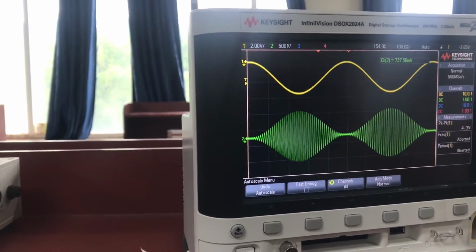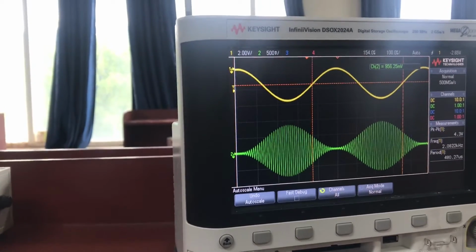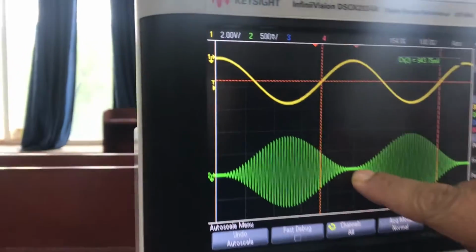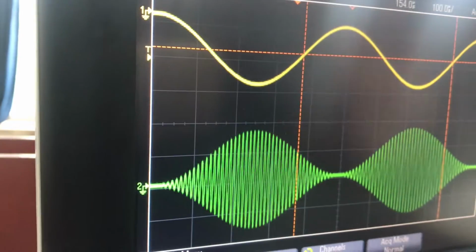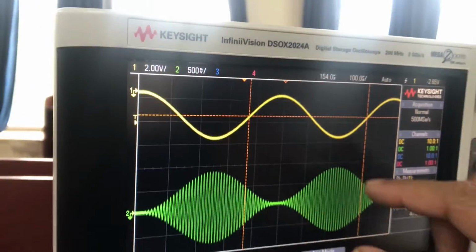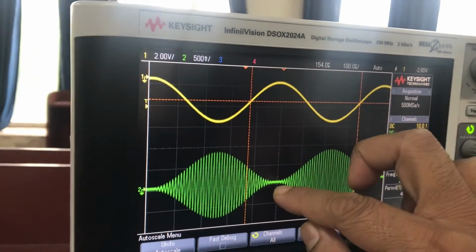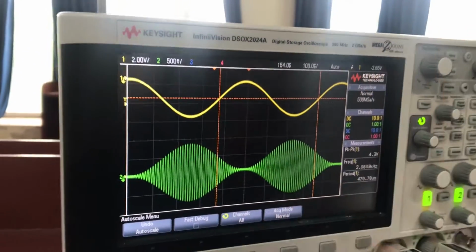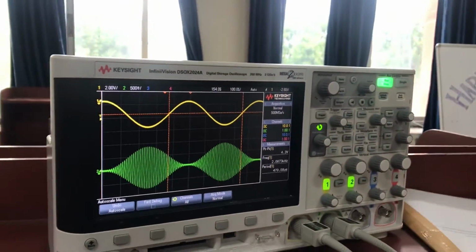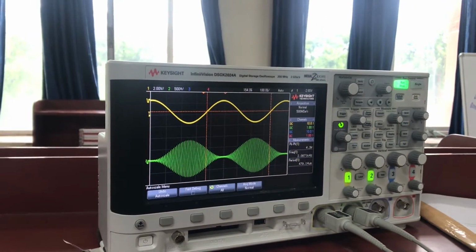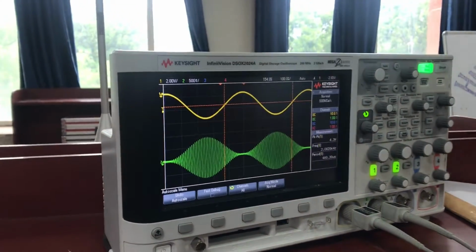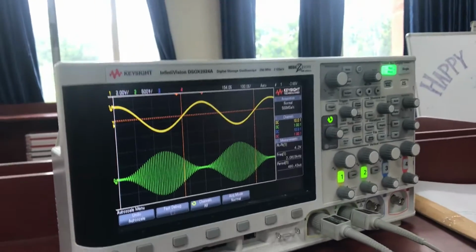The number of divisions is, I think, 0.2 into 0.5 volts. So this is P, this is Q, and with those values you find out the M value and decide which modulation. If M value is equal to 1 or approximately 1, it will be critical modulation.